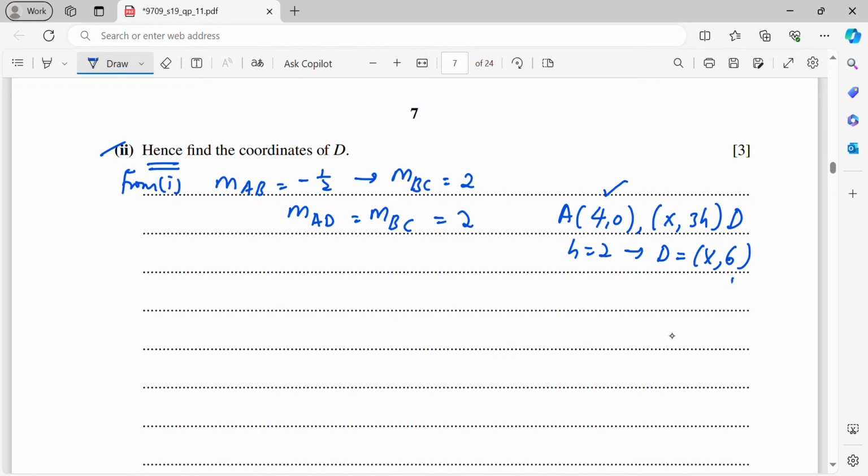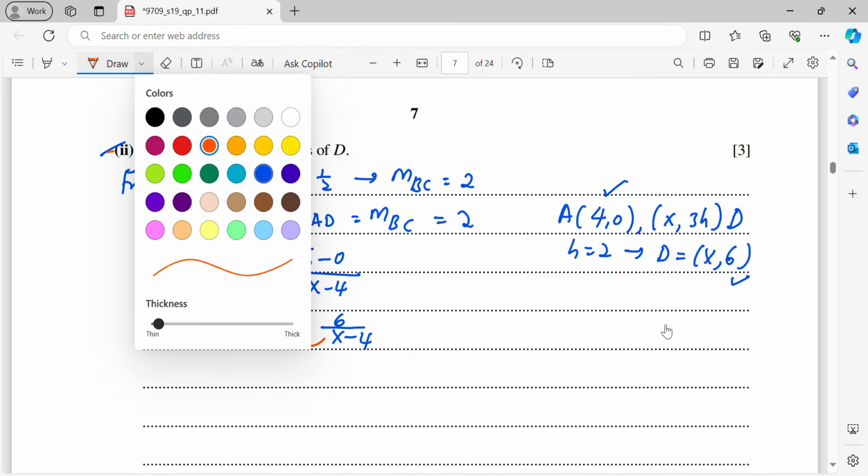So now I will be using these 2 points to do the calculation. Right? So 2 equals to gradient. So gradient is basically change in y over change in x. So I will write 6 minus 0 over x minus 4. Then now I will be getting 2 equals to 6 over x minus 4. And now to get the x, just move this denominator to the left side.